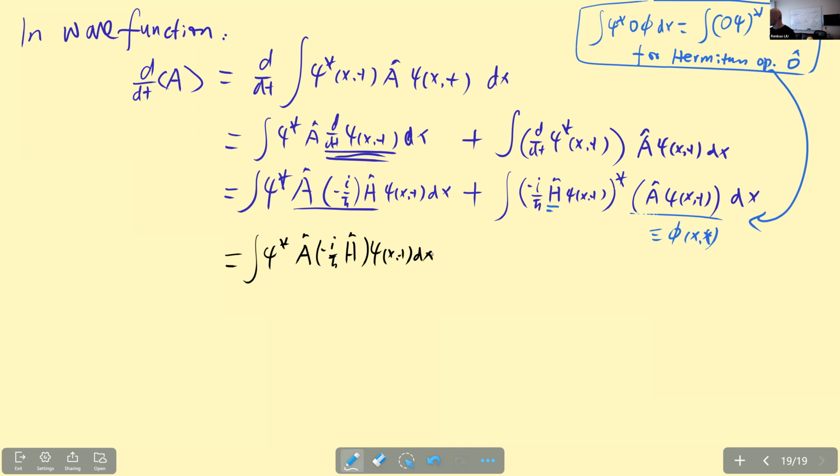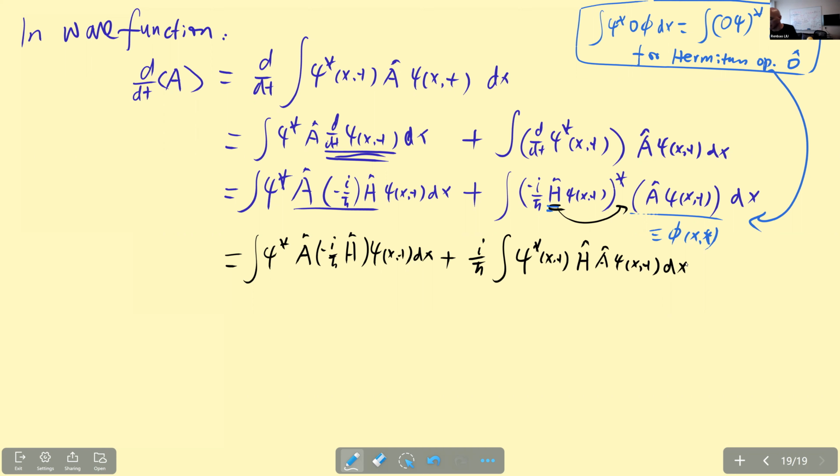that's the first term, right? And then you have another term. Now I can take this one just as the Hermitian operator, so I can move it out and make it act on this. So the result is simply i h bar acting on phi, and phi is nothing but a psi x,t. Okay.